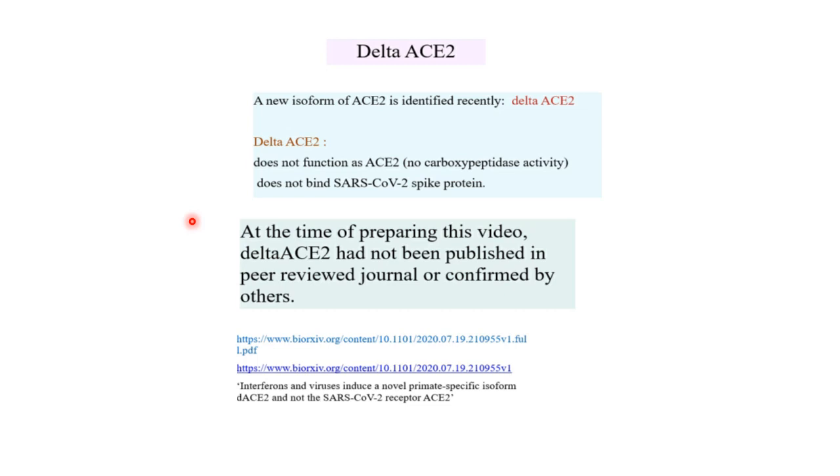So this is the thing we need to consider as well, whether the antibodies are binding delta ACE2 and not ACE2, and so on. So there's a fair amount of confusion that needs to be resolved, I believe. In my opinion, the data needs to be a bit clearer on the role of ACE2 and the expression of ACE2 in cells.